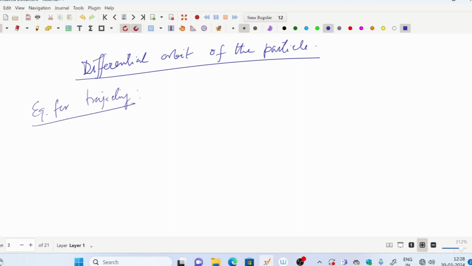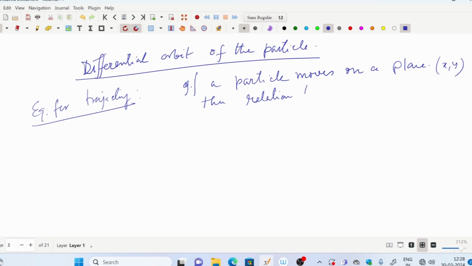As you know, if a particle moves on a plane, say the x y plane, then the relation between x and y gives the equation for the orbit or trajectory.